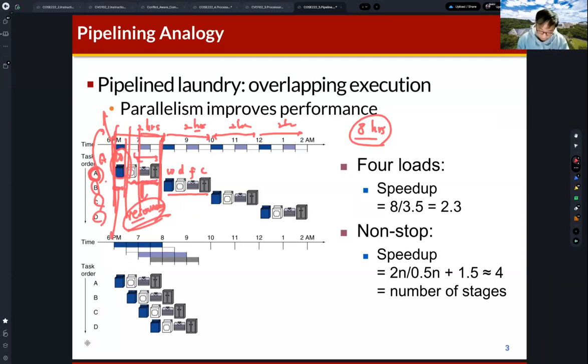Okay, so we can observe that this is the serialized task. For one task, task A, this task A occupies all resources like the washing machine, dryer, folding, and closet.